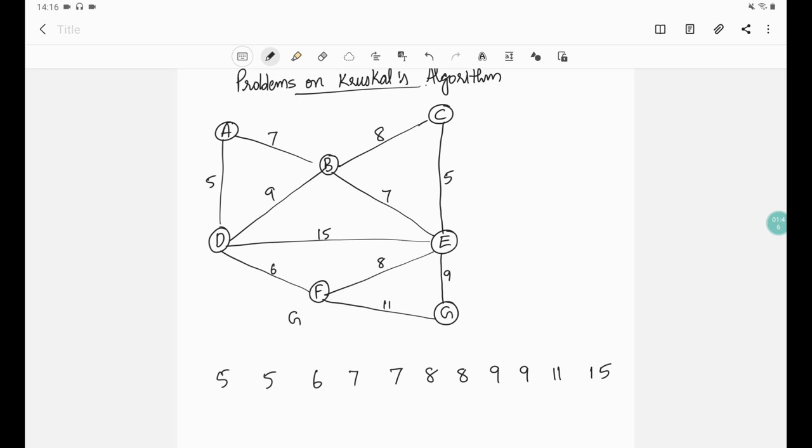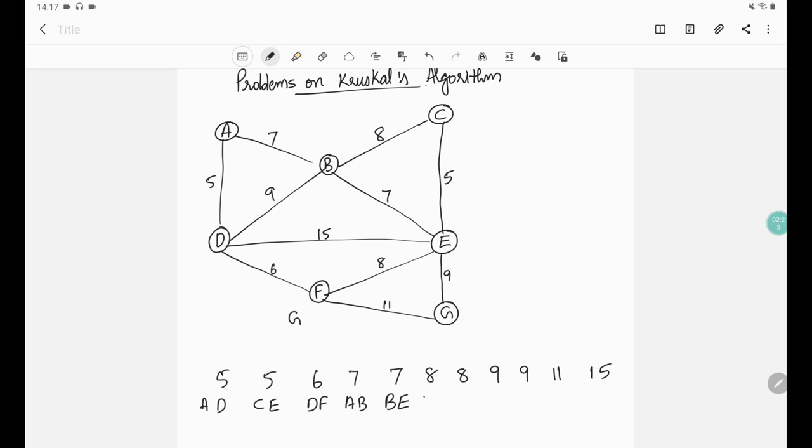It doesn't matter. So here I am taking the least edge as edge AD, then next edge CE, then comes the edge with weight 6, which is DF. Then you can find two edges with weight 7. I am taking the first one as edge AB, then the second one as edge BE. Then you can also find two edges with weight 8.